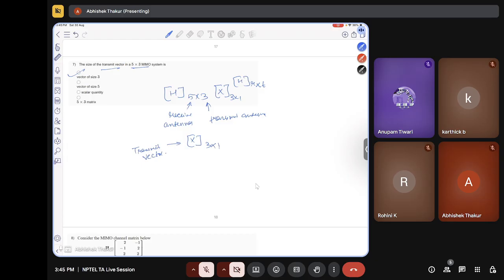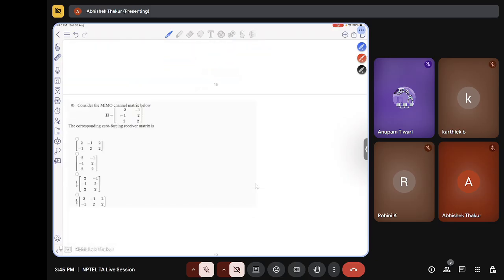Now coming to question number 8. Consider a MIMO channel matrix below. H is equal to 2 minus 1, minus 1 2, 2 2. Maybe in this week, zero forcing might not be taught. So the ZF receiver, I think it was taught in the previous week.